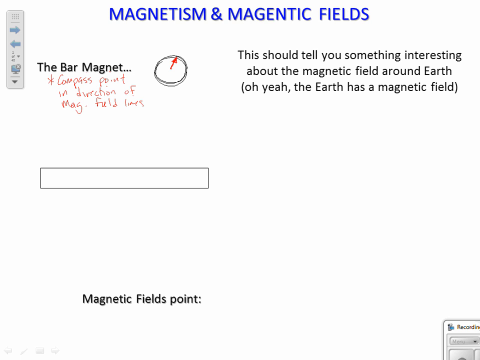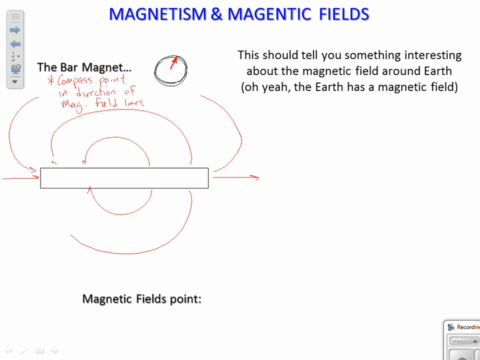It points away from this end, and it points toward this end, and here it points away like this, and that line can curl around just like this, and there's one here that would look like that, and one here that looks like this, and there's a symmetry around here. So a magnetic field near a bar magnet can look something like that. I'll put arrows on here.